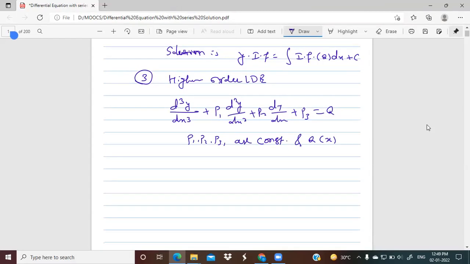In this equation also we get the solution as y is equal to CF plus PI, the complementary function and the particular integral.